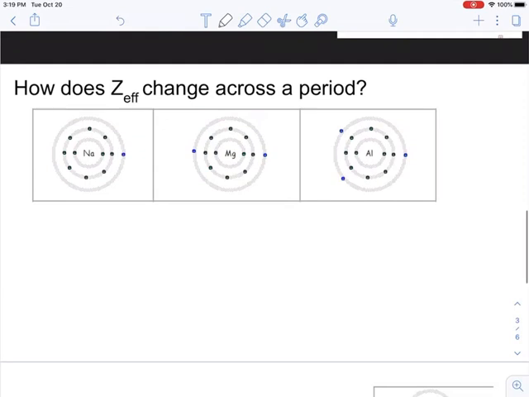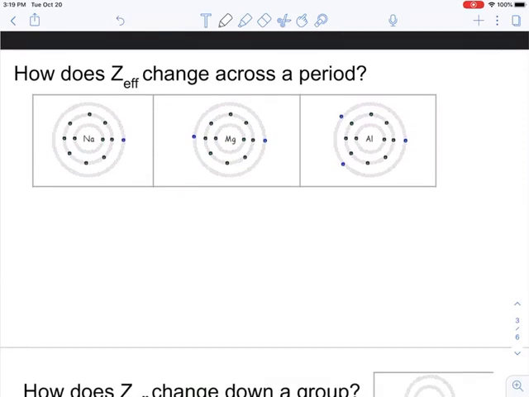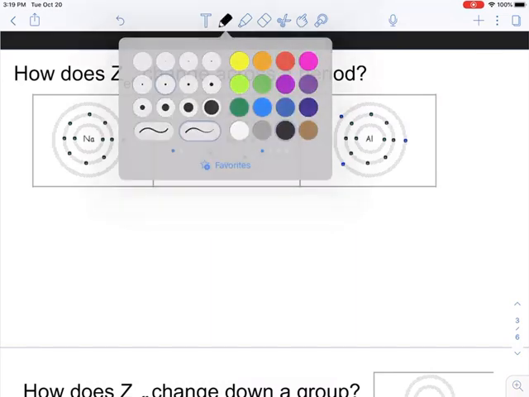To better understand effective nuclear charge, we should look at how it changes across a period. So let's compare the effective nuclear charge for these three elements: sodium, magnesium, and aluminum. To do this, I'm going to make a table.